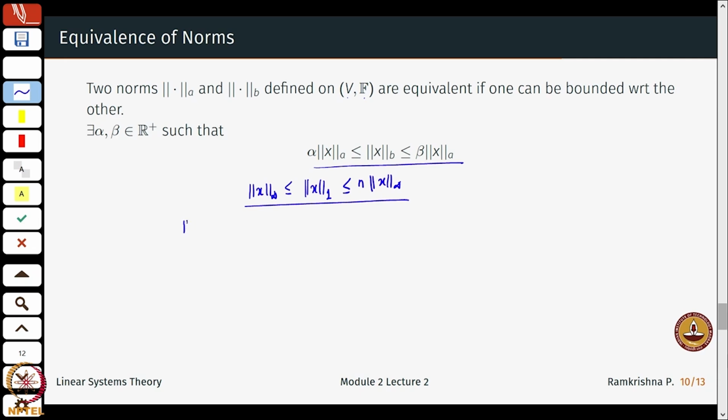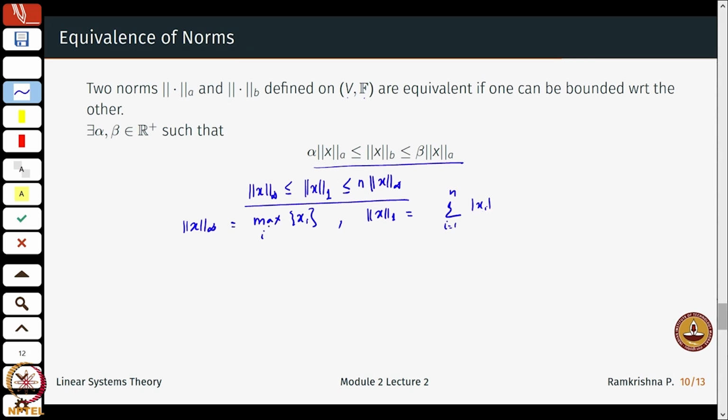The infinity norm of x, by definition, is the maximum over i of all these |xi|. And what is the 1 norm of x? It is the summation from i equal to 1 to n of each of the |xi|. And one of these |xi| is the infinity norm.